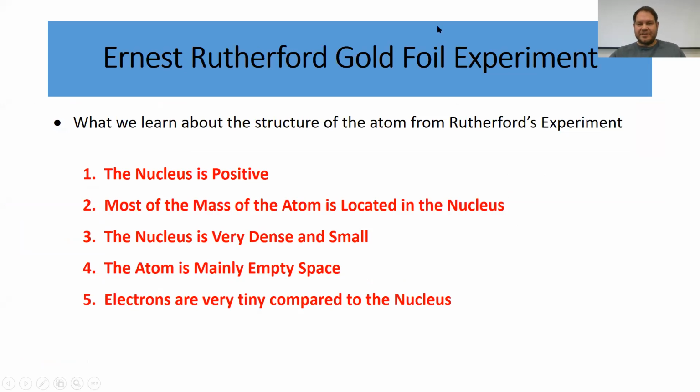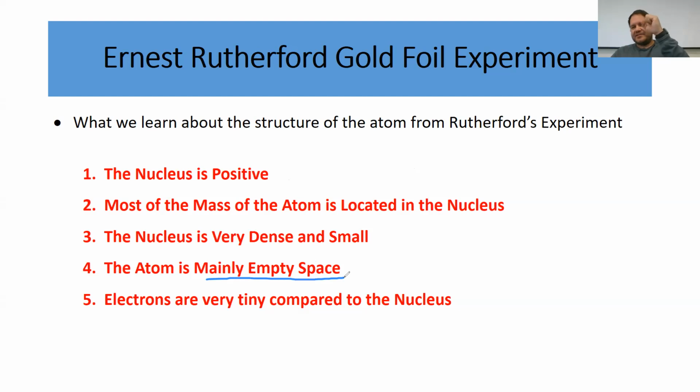So instead of Thompson's plum pudding model, which puts all the positive charge around the atom, all the positive charge is in one central location, the nucleus. We also know that most of the mass of the atom is located in the nucleus. The nucleus is very small and very dense, and therefore the atom is essentially empty space for the most part. There's really not much to the atom.